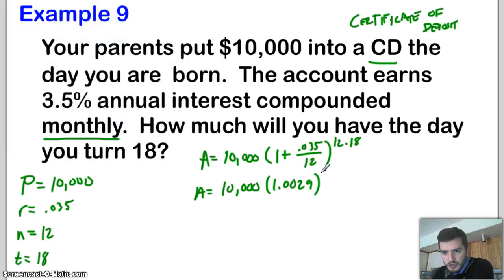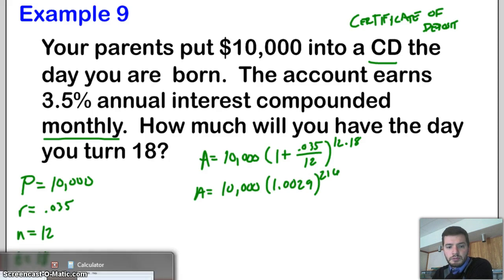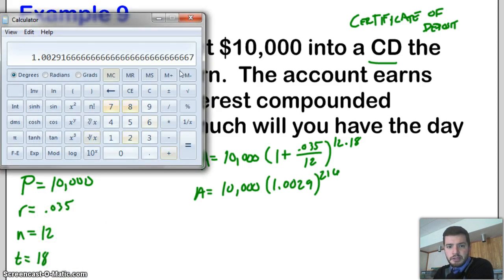So this is going to be to the 216th power. So we take this all to the 216th power and you get 1.875. And now we just need to multiply that by 10,000.